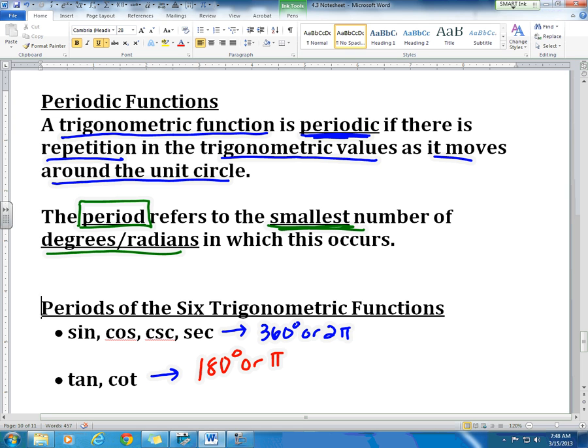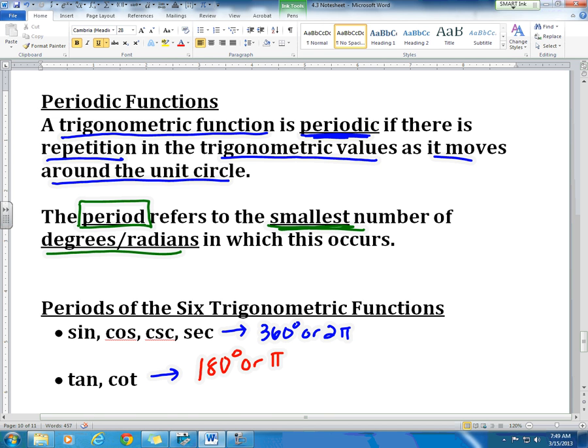So the period of sine, cosine, cosecant, and secant is 360 degrees or 2 pi radians, and the period of tangent and cotangent is 180 degrees or pi radians. That's important to know. You should memorize those two ideas, because we'll use them when I ask you to do something through the idea of the functions being periodic.